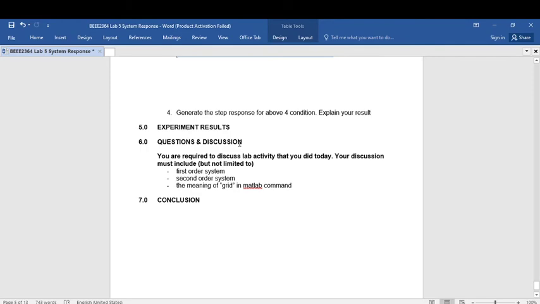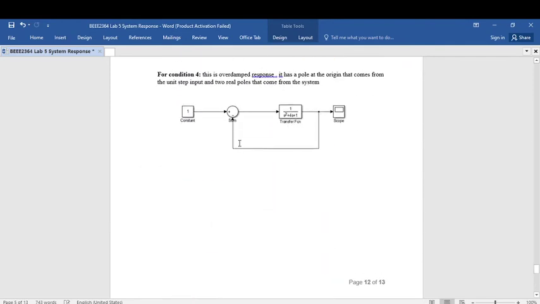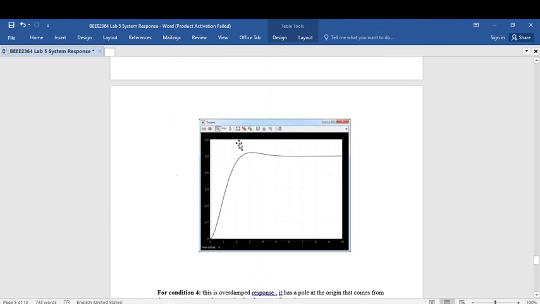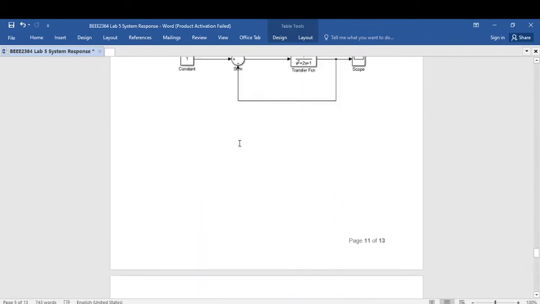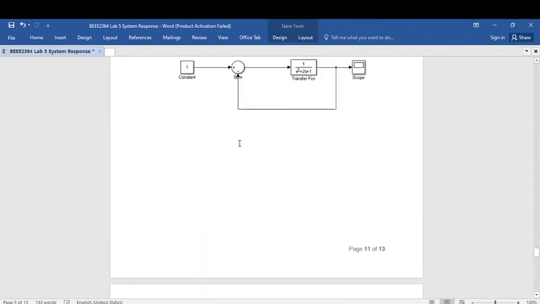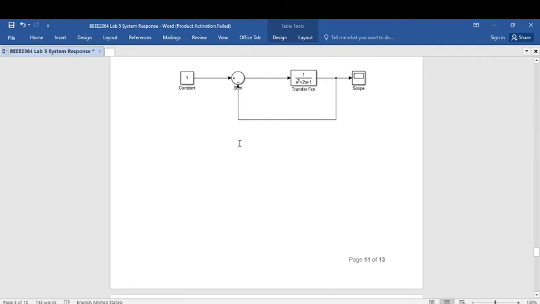For the damped responses, every response is different according to their respective damping ratio.